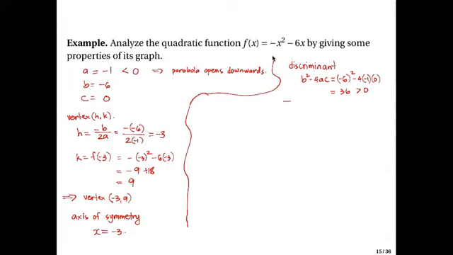So this implies the parabola crosses the x-axis twice. So solving for the x-intercept.